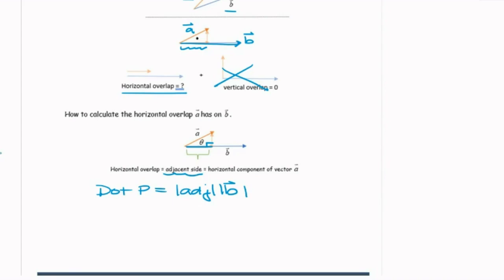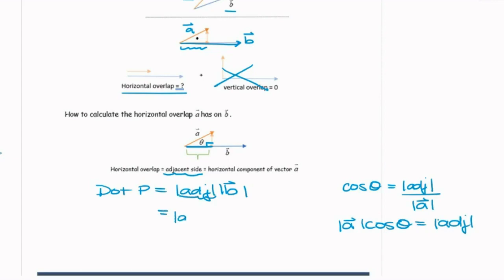Well, the adjacent side, if it's a right angle triangle, is going to be cos theta equals the magnitude of the adjacent side all over the magnitude of the hypotenuse, which is just vector A. We can isolate for this. This is going to be the magnitude of A, if we cross multiplied, times cos theta. That's what the adjacent side is, the magnitude. So here I can replace this adjacent side with A cos theta times the magnitude of B.